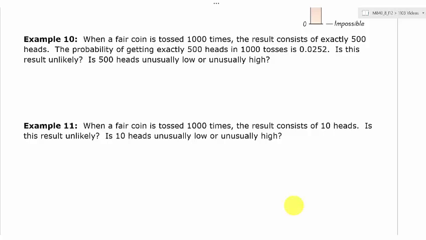This probability seems weird, but the chance of getting exactly 500 is 0.0252, and we'll take a look at why it's as low as it is in chapter 5, I believe. It's either 5 or 6. So this is very low, and 0.0252 is less than 0.05. So this is unlikely.